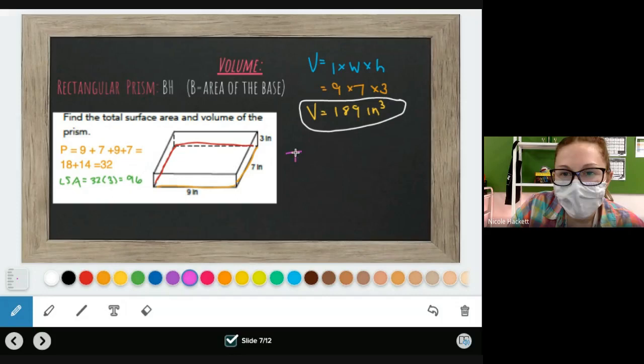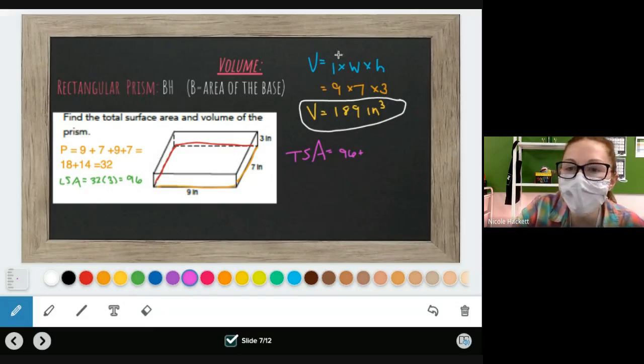So in order to find the total surface area here, I'm going to take that 96 plus 2 times the area of the base. The area of the base is 9 times 7.